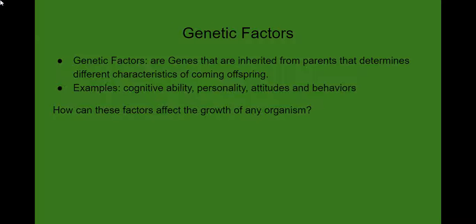So genetic factors. We talked about this word before, factors, but we were talking about environmental factors, okay? But this time we want to talk about genetic factors. So factors are things that are important that determine how something is going to be outputted.